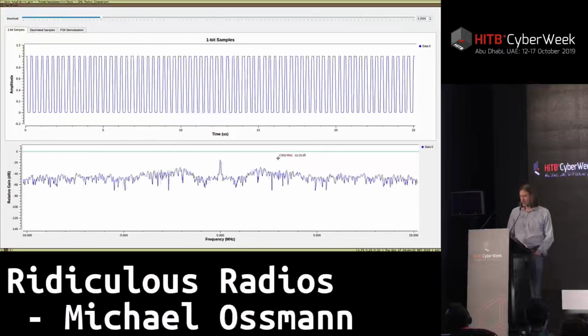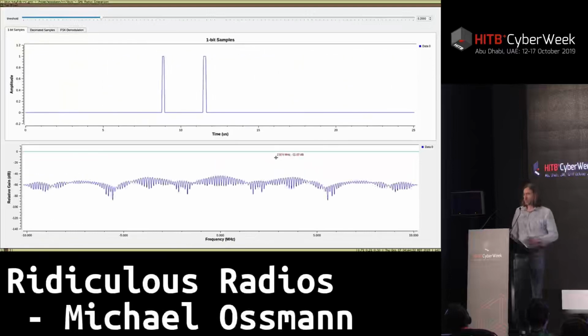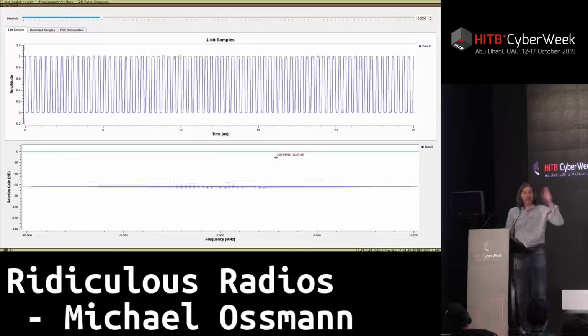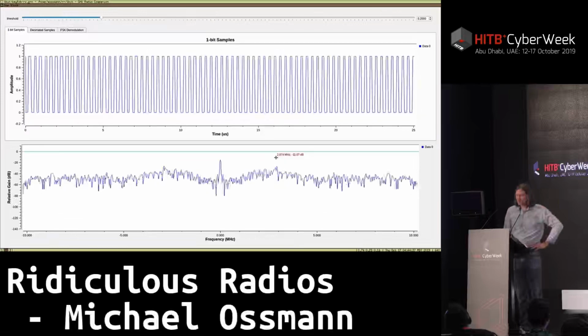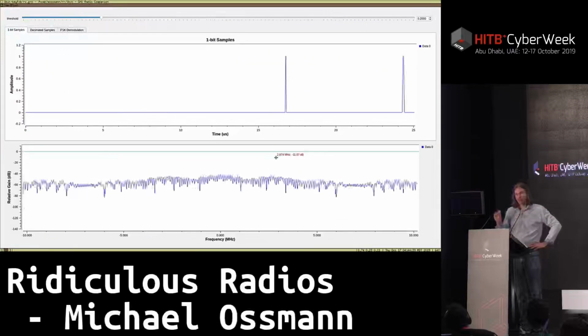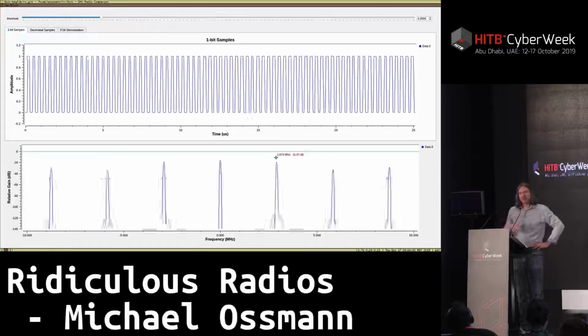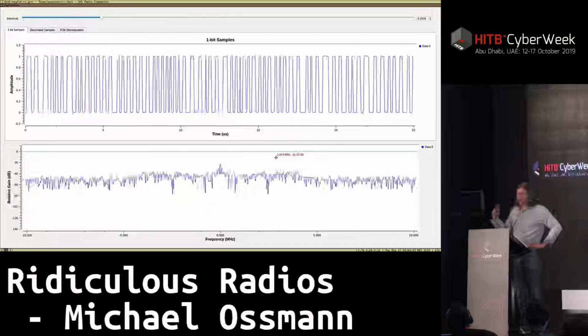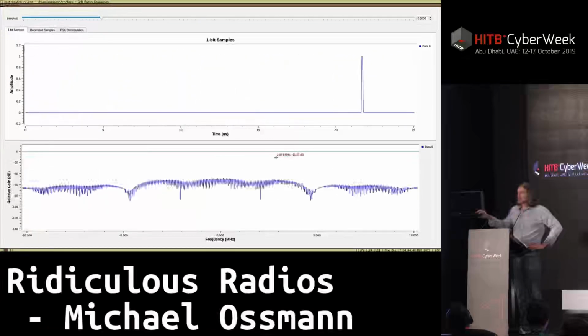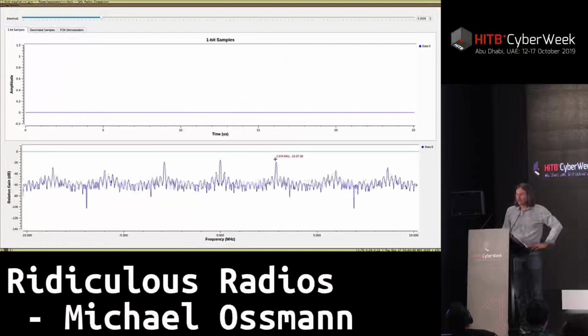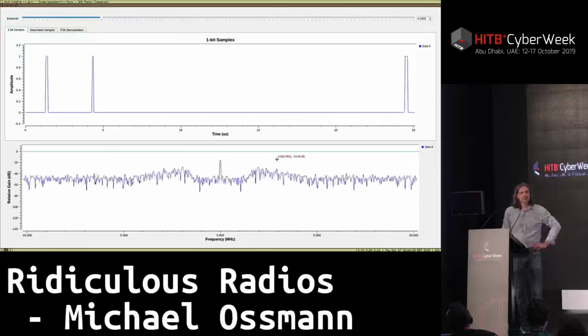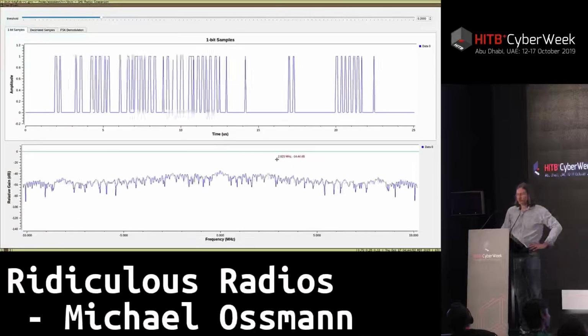Right there, see where my mouse is hovering over, is an interesting peak of frequency that happens from time to time. So even though we only have 1 bit per sample, the FFT, the fast Fourier transform that's producing that frequency domain view down in the bottom, is actually able to pick out some information about what frequencies are present.